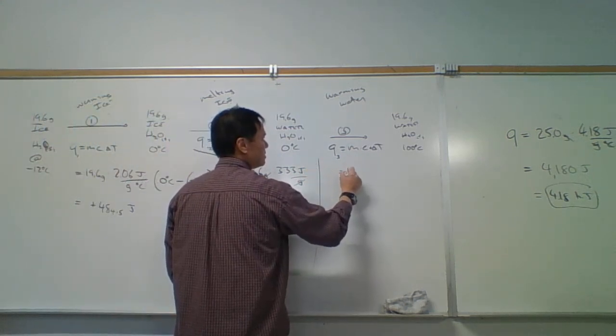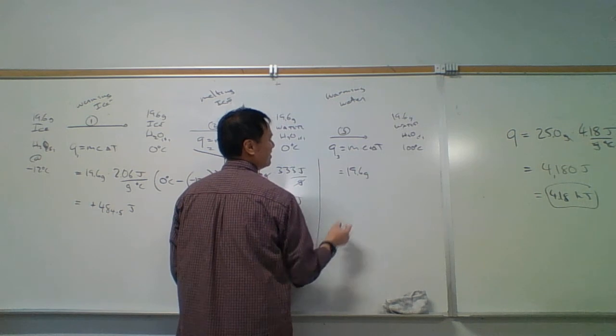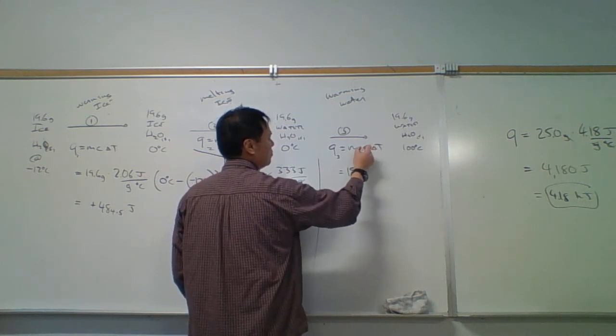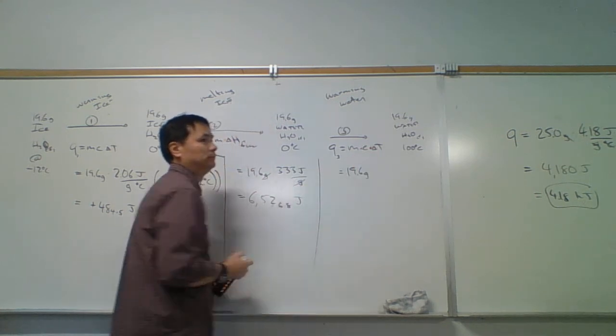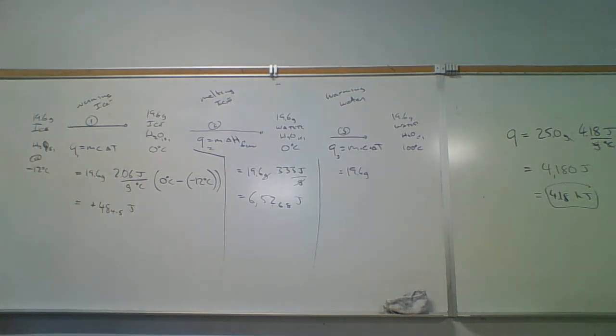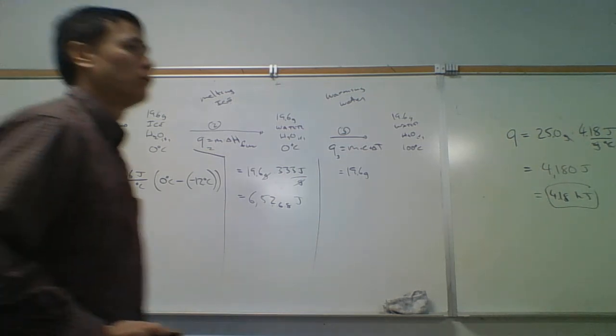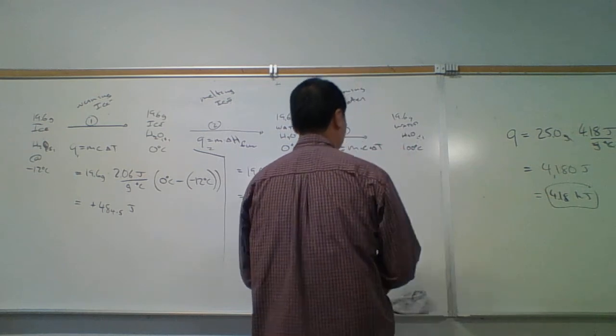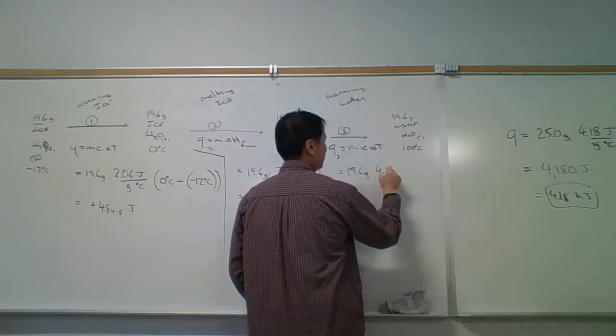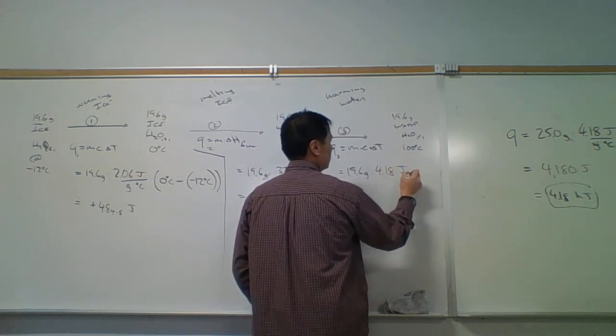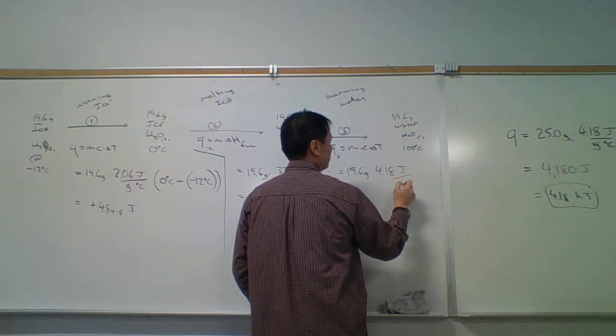So the amount is 19.6 grams. And then we need the specific heat of water. It's 4.18 joules per gram per degree C.